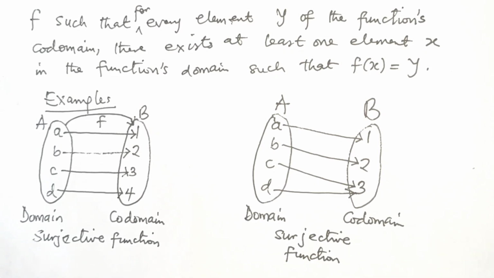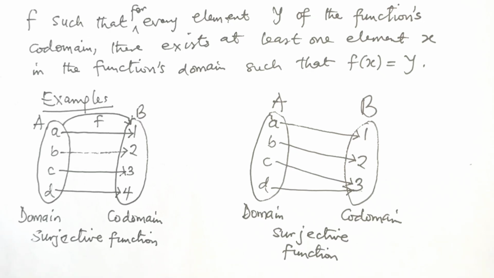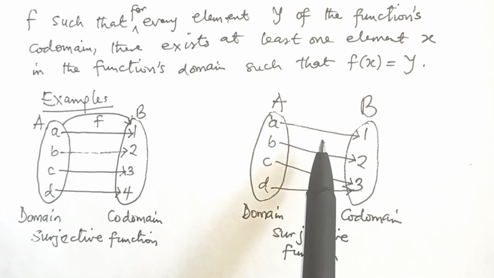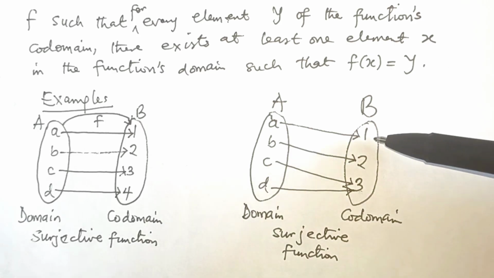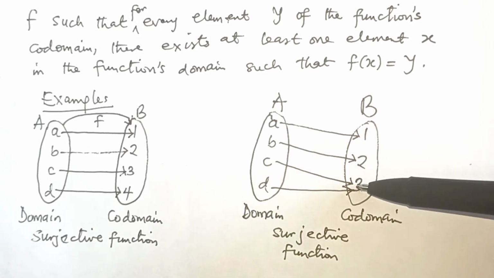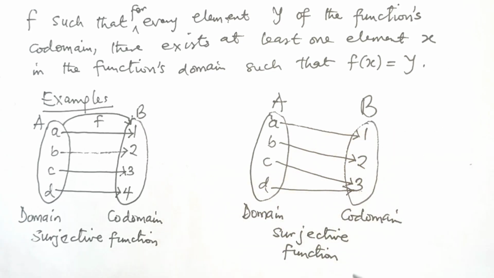You can see that C and D are both mapped to the element 3 in set B. The set of image points of this function is the same as the codomain. That is, the range of this function is the same as the codomain. So we said that this is a surjective function.